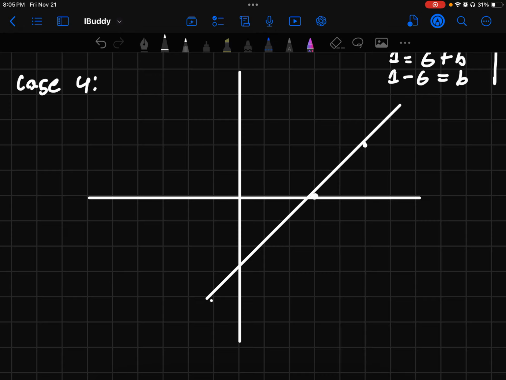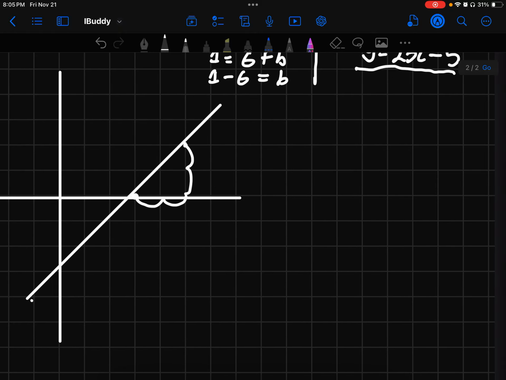But from here, we can see that the slope goes two down, one, two, and one, two. And it's going up while going right. So that means the slope will be positive. So the m value will be 2 over 2, which we can simplify into 1.